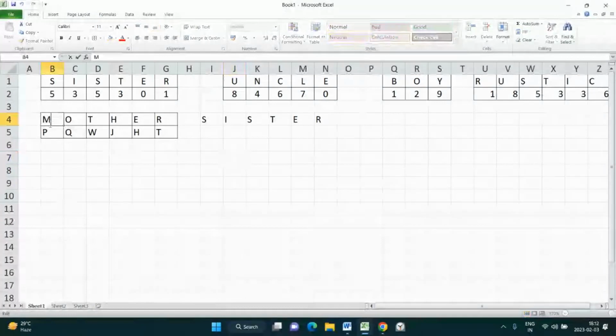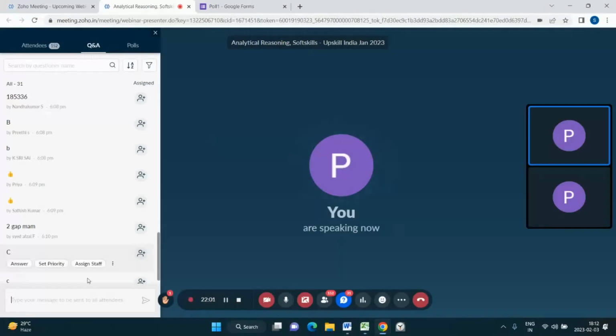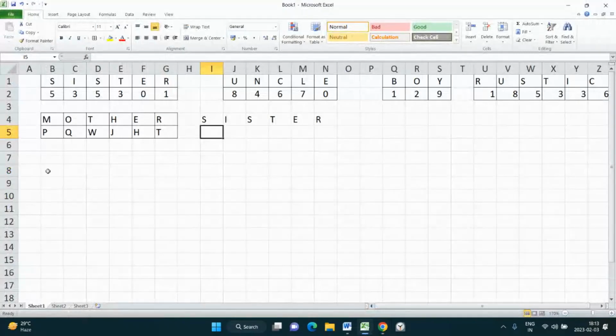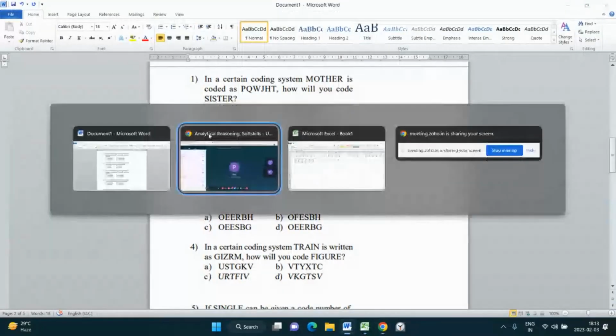M, N, O, P. O, P, Q, R. Correct? So the next one is C. Somebody has already given the answer. Next one is, can you find out?